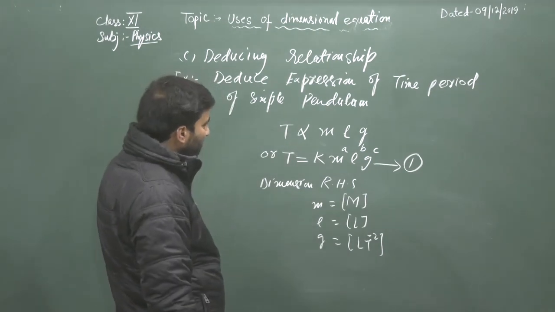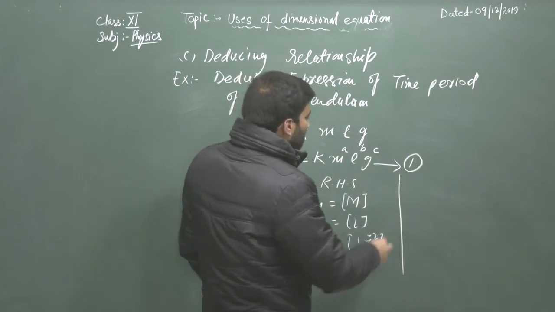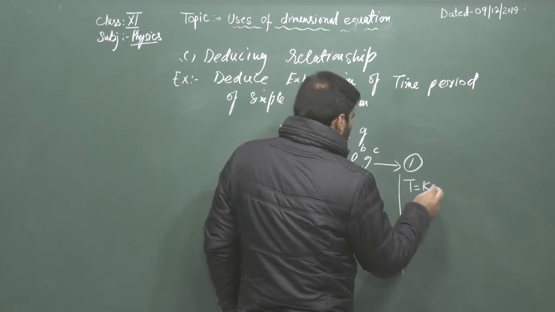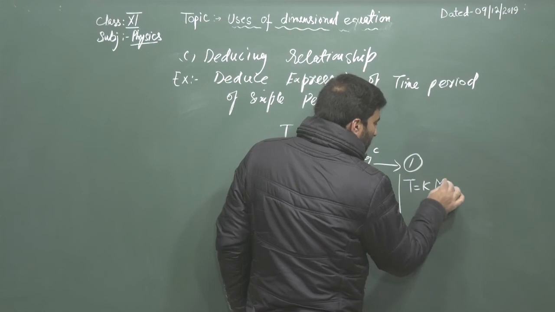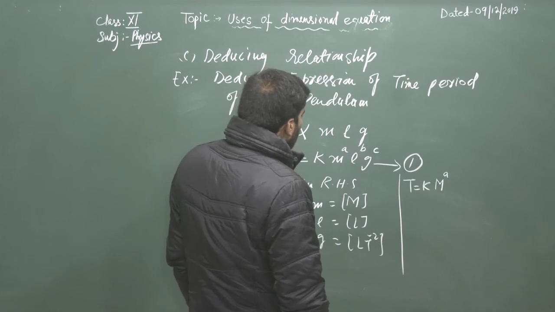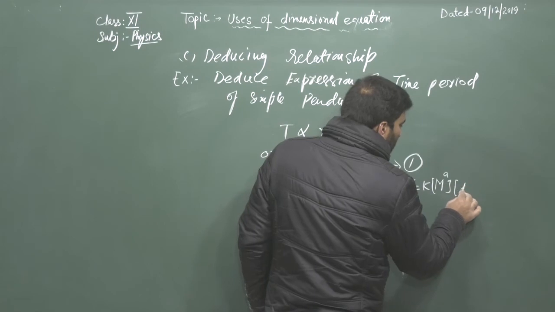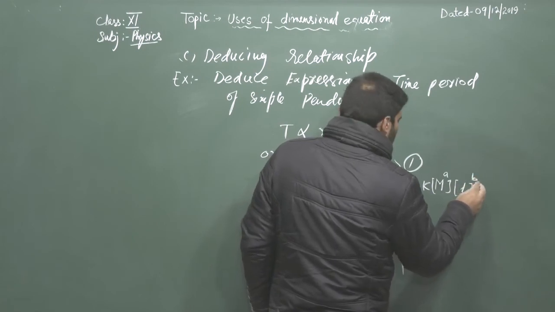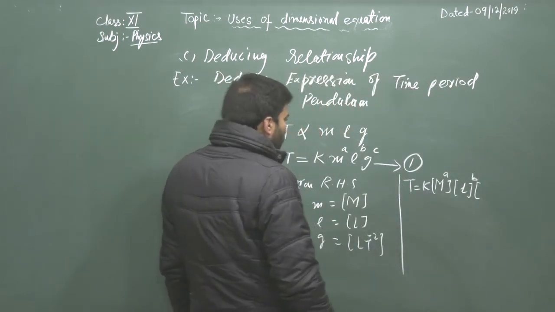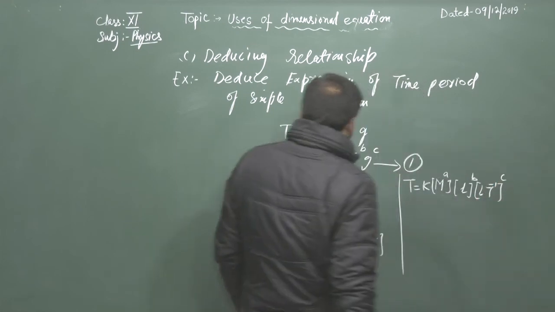So therefore equation first becomes T is equal to K M^a L^b (L T^-2)^c.